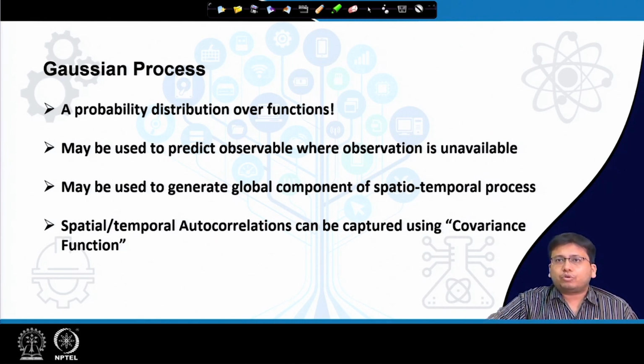However, those values will respect the covariance between those locations or the time points, which might be known already from the data.